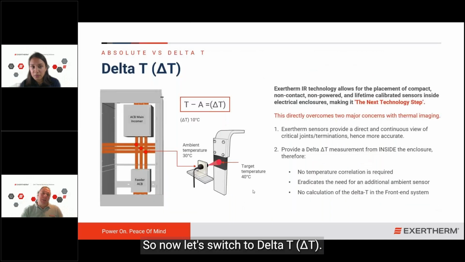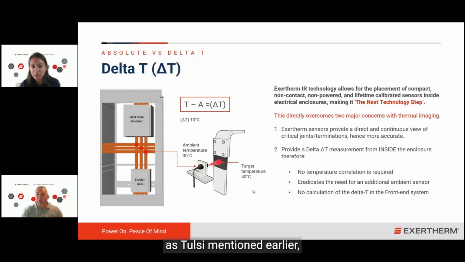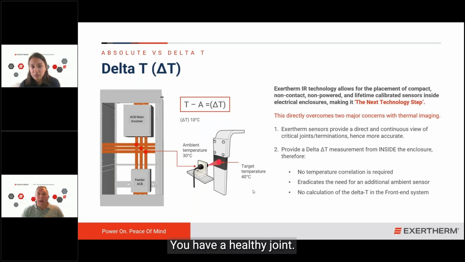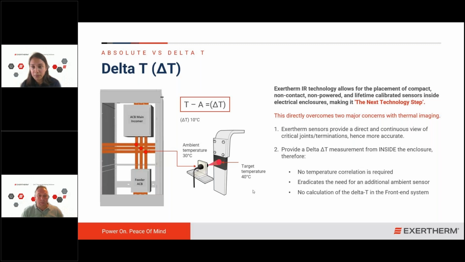So now let's switch to delta T. We've looked at absolute, it's telling you a body is warm. Delta, as Tulsi mentioned earlier, is the difference between the target temperature, so the connection point, and its surrounding ambient. So here we're bringing in that Newton's law of cooling. You have a healthy joint, there's no extra heat to dissipate. That joint will sit at roughly ambient in a healthy mode.